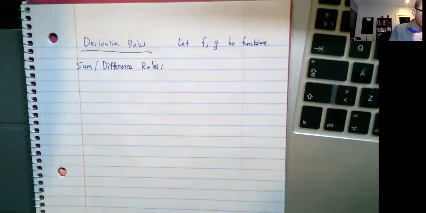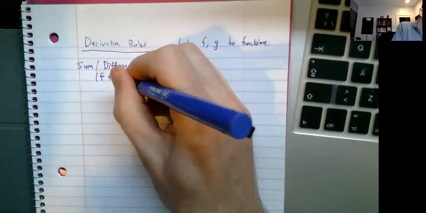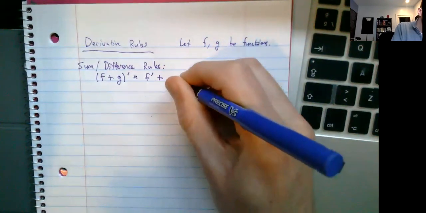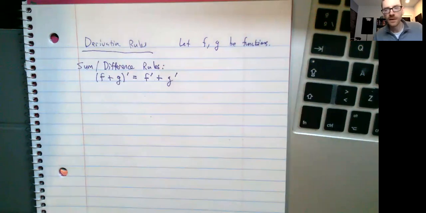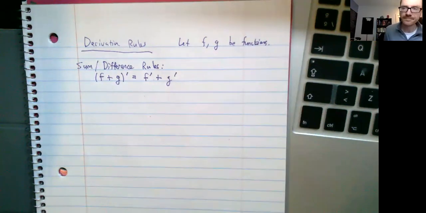Then here's the sum rule. It says the derivative of f plus g is actually the derivative of f plus the derivative of g. Right, remember this prime symbol really means derivative. So like, just to kind of be clear about what this is telling you, it's saying that if f and g are functions, then you can add those two functions together to get a new function, right?